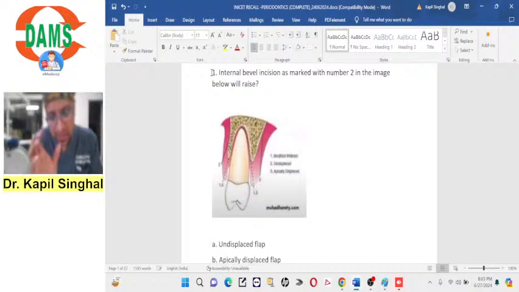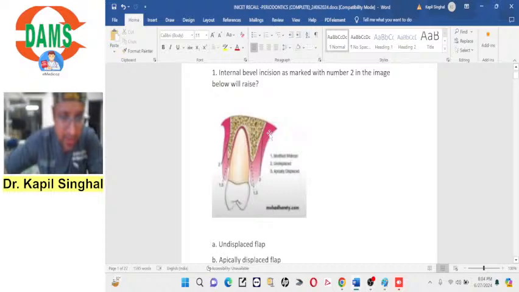So in cases of undisplaced flap, when we are giving it at the base of the pocket, the complete pocket wall is removed. That is why undisplaced flap is a pocket elimination surgery in which the pocket is completely eliminated. But in case of apically displaced flap, what is done?